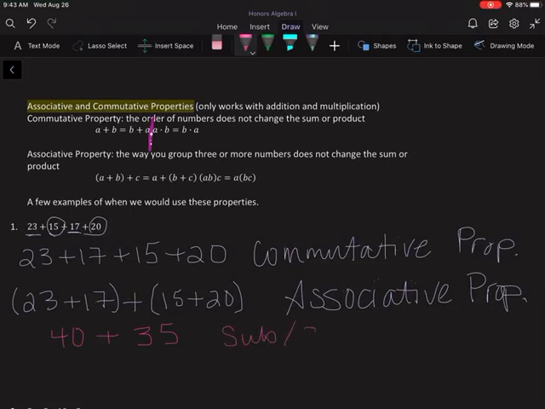And that's substitution, simplify, or evaluate. And then I'll actually add those together, which is 75. So substitution, simplify, evaluate.